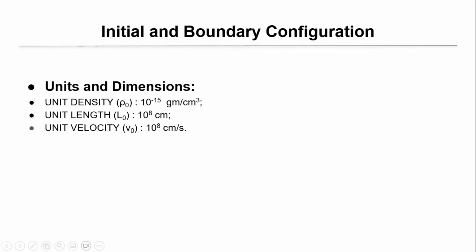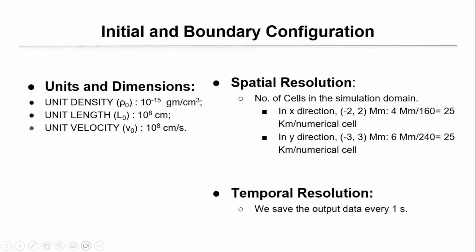As our field of interest is the solar corona, we specified unit density as 10 to the power minus 15 gram per centimeter cube. Note that we are using CGS units here. Unit length is 10 to the power 8 centimeter and unit velocity is 10 to the power 8 centimeter per second.